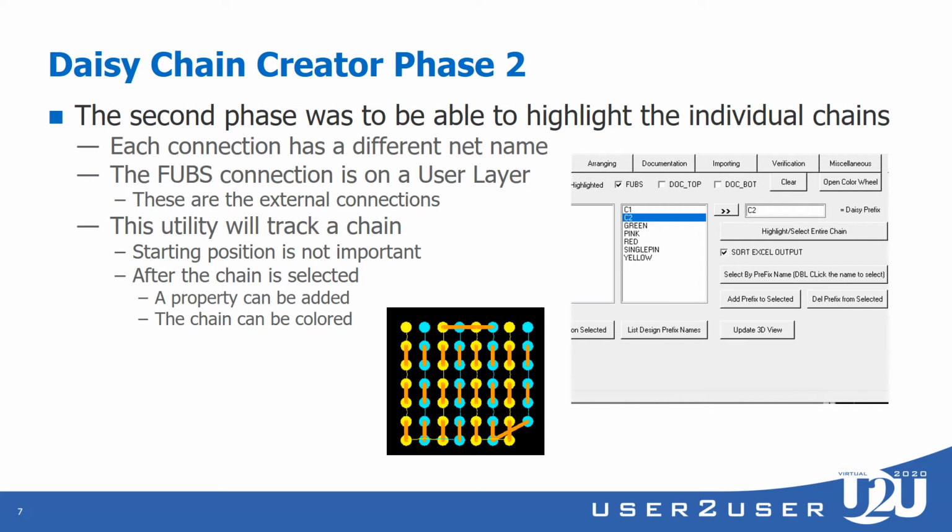So from there, it can track a chain across both the physical nets in the package and across this user layer between 2 pins and come up with a connectivity model. So it basically works that way. It's using the user layer, but it has a connectivity model behind it. Once you have it selected, you can name the chain, or you can actually color the chain.